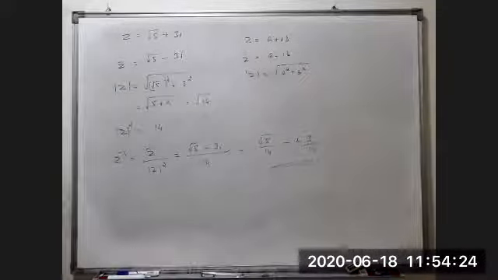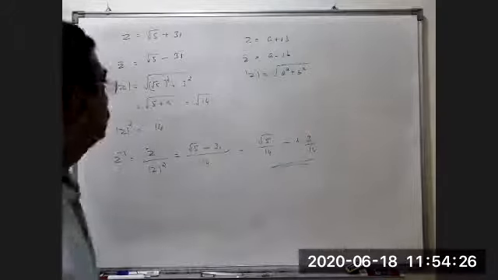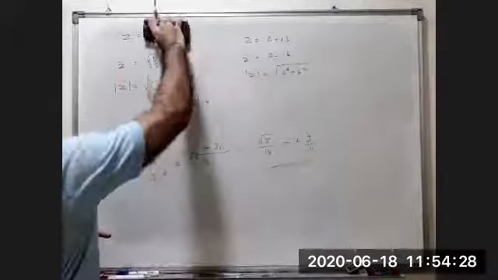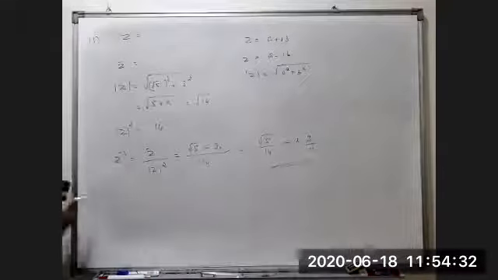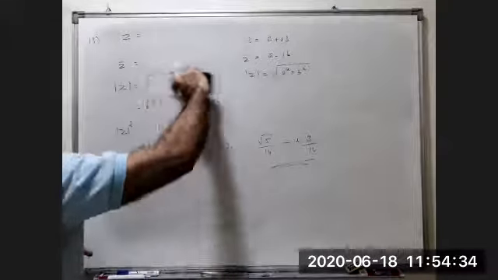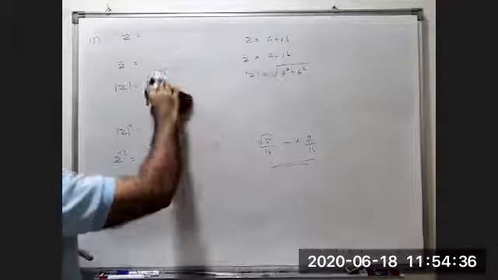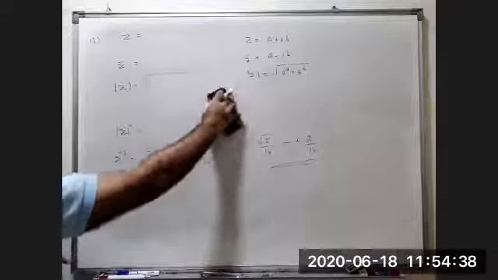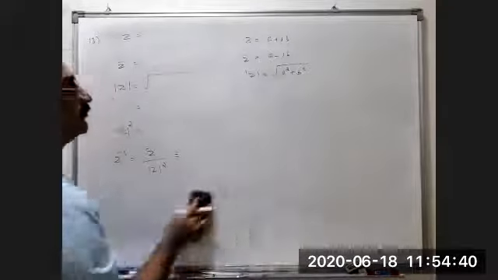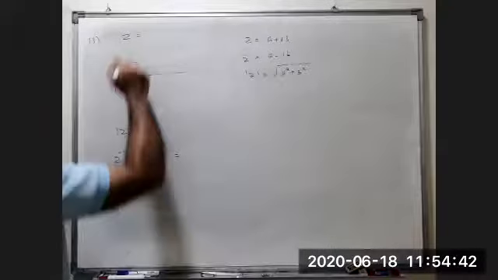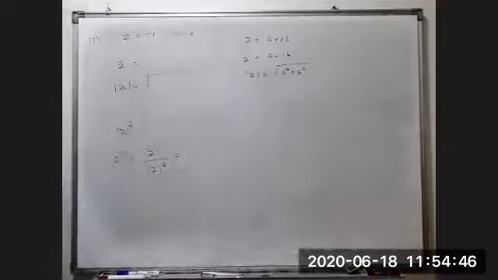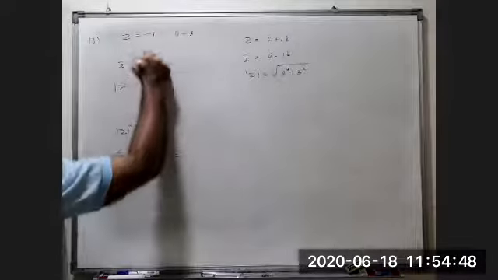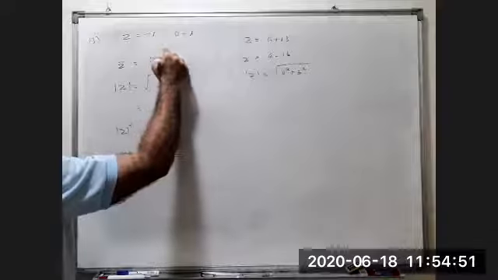Question number 13. Minus i. Do it. Minus i means 0 minus i. So z bar will be 0 plus i.